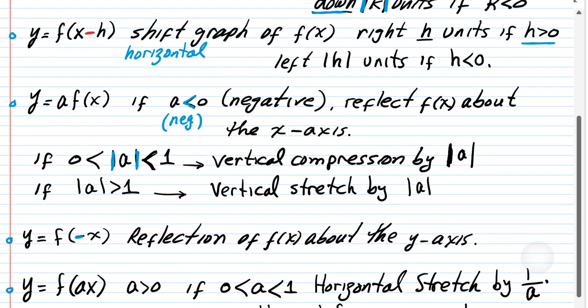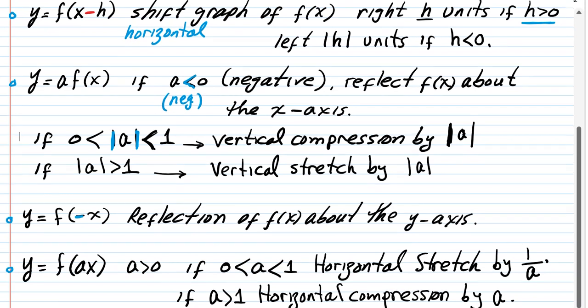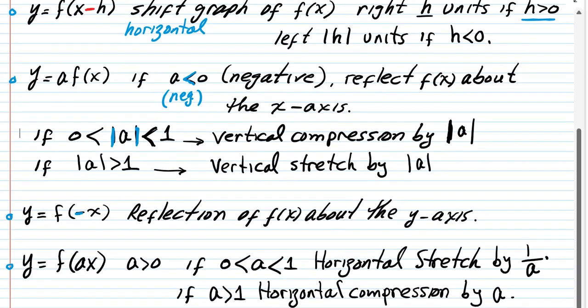And what if the a, remember up here a was on the outside, what if a moves inside, multiplied by x in the function? Well, again, it depends on whether a is positive or negative. If a is negative, we already mentioned that the negative causes a reflection, so it's okay to think of a as positive now.